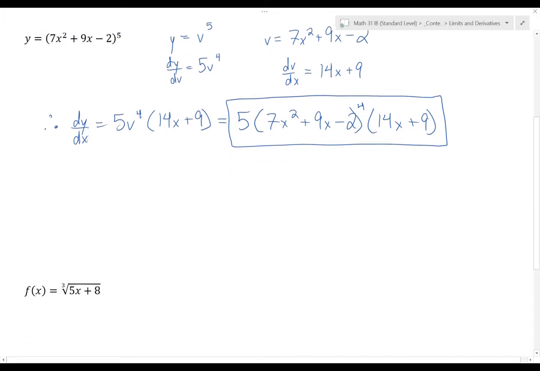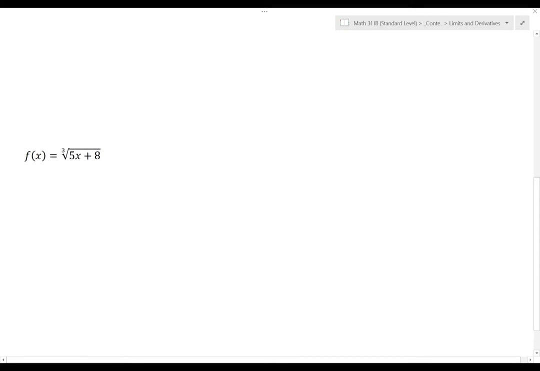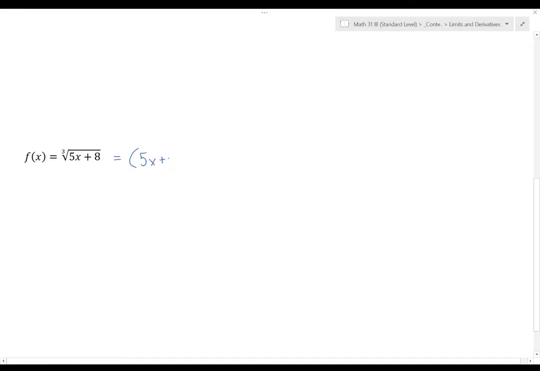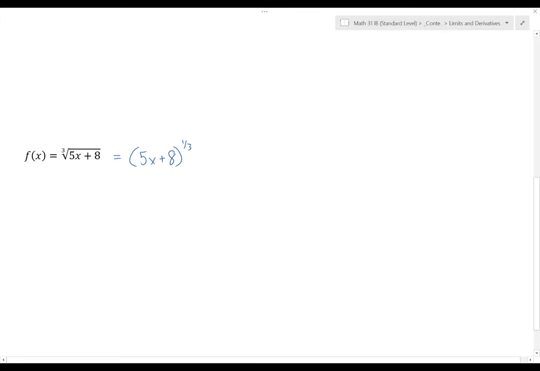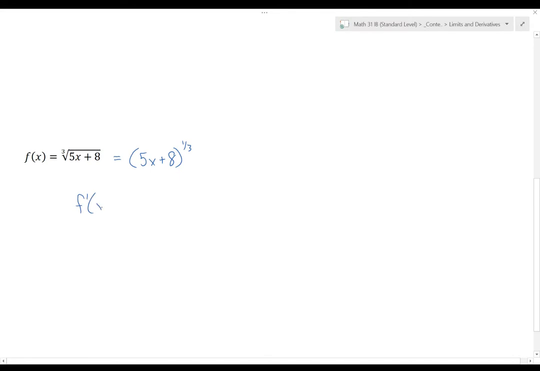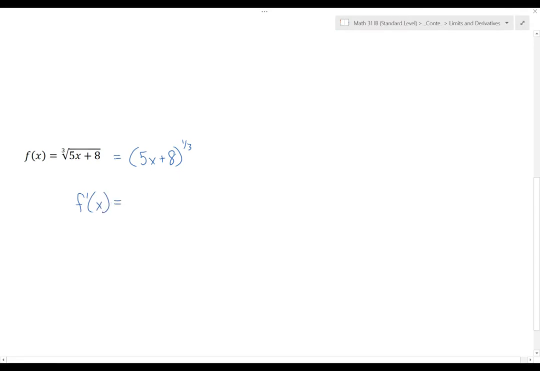So let's look at that in a few more examples. Starting off here, f of x equals, I'm going to write this as a power, (5x plus 8) to the power of 1/3. So the outside function is to the power of 1/3. For the derivative of f with respect to x, first I'm going to ignore the 5x plus 8 and just pretend it's a single thing.